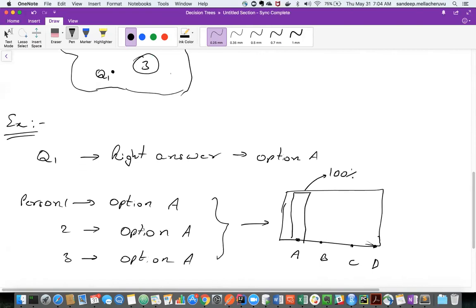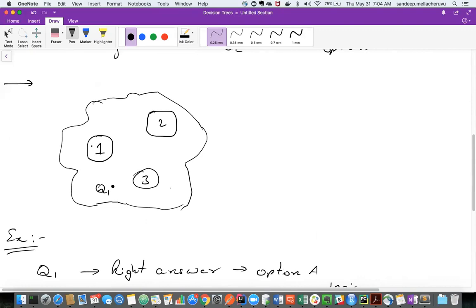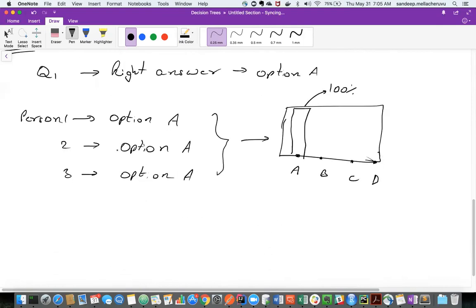At least for now. What happens if the question is here? This is another question, Q2. Let me write it as Q2. What happens now?